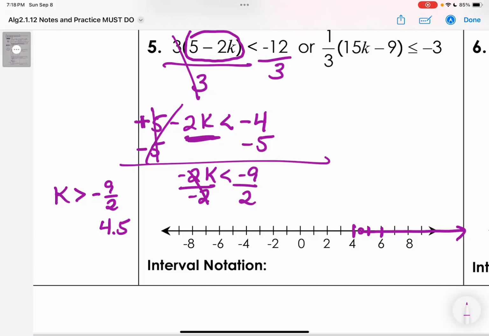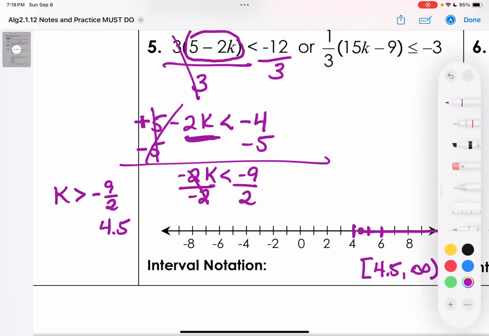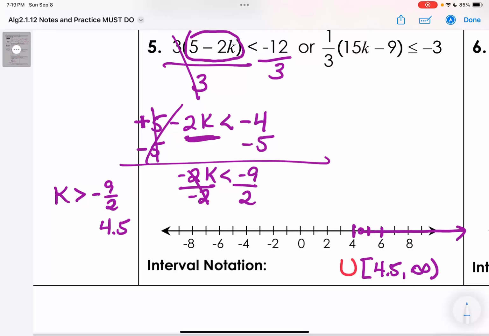So this side of the interval notation is going to be starting with 4.5, and then it goes to positive infinity. And there's our union sign, I'll put it in a different color. Union. Then let's solve this other side.